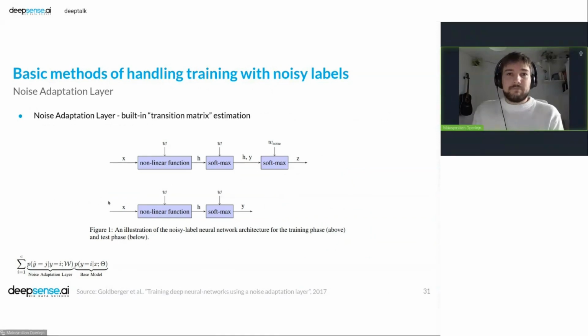This is another method that works on a similar principle, but this time the estimation of the transition matrix is done automatically, which means we are adding a new layer, and it's just trained, and these trainable weights will finally form a transition matrix for us.